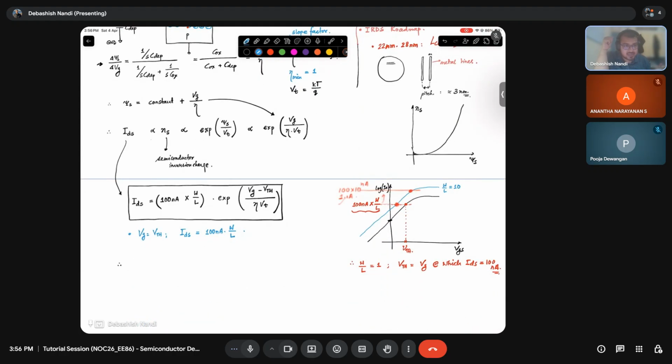So my Ioff is 100 nanoampere times W by L times exponential of minus Vth divided by N Vt.